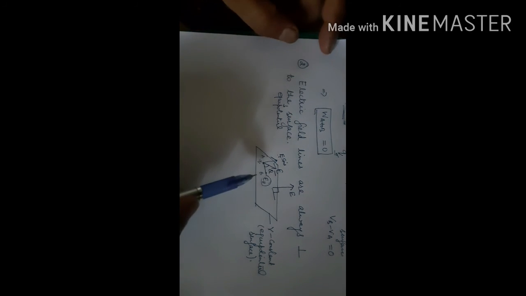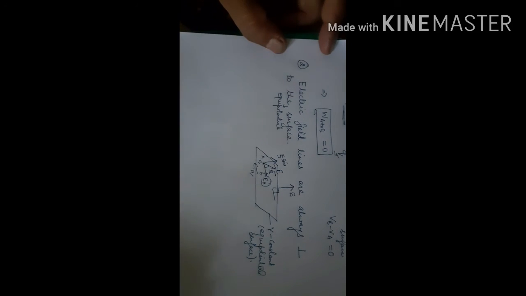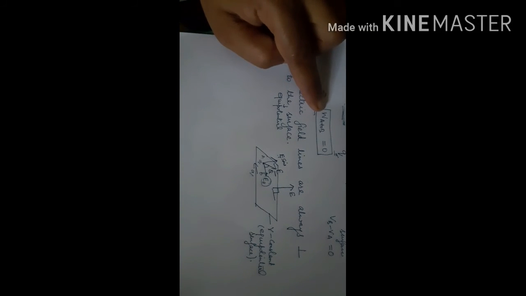So when you move a charge Q, suppose this is the direction of electric field and you are moving the charge from here to here, then you have to do work against this electric field. So you are doing some amount of work. But previously we studied that the amount of work done on the equipotential surface is 0.